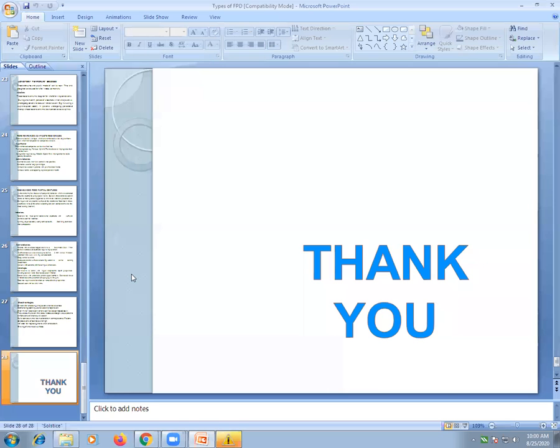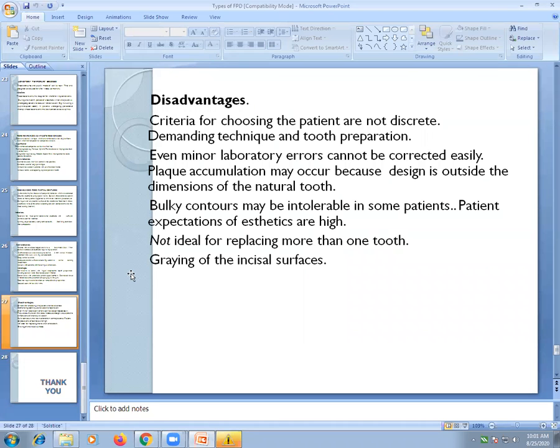Here we have discussed all the types of FPD bridges.